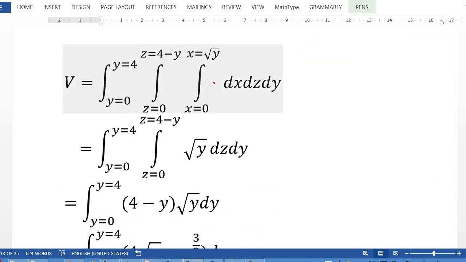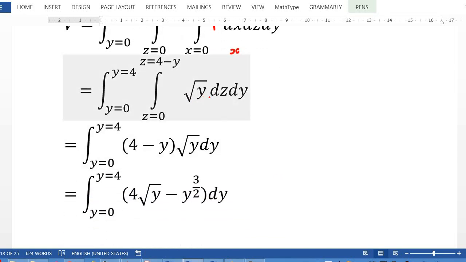So integrate 1 with respect to x, you get x. Put in the limit, you get square root of y, dz dy. Then you integrate square root of y with respect to z, where y is constant.